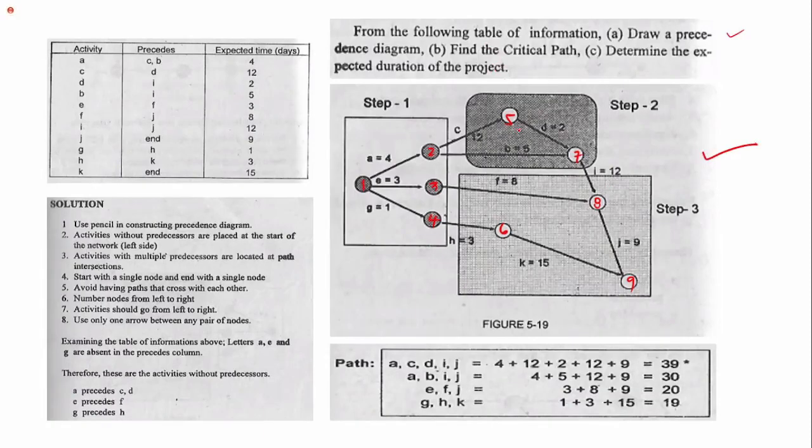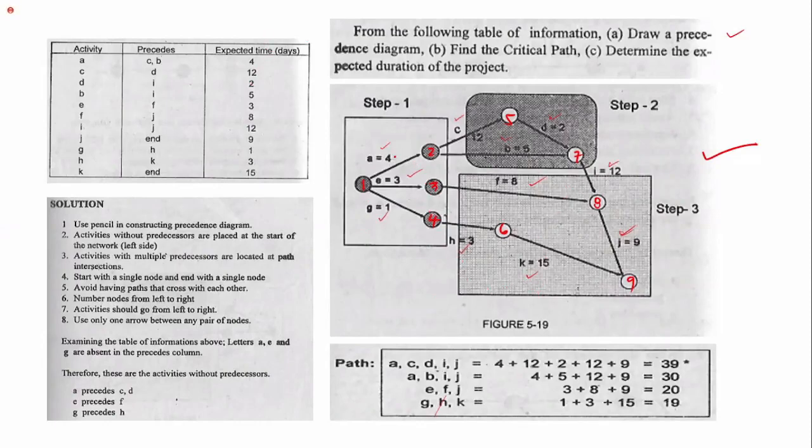So to find the critical path, we list down the paths. We have ACDIJ, this path. The next, ABIJ. Next path, EFJ, so this one, E, F and J. Then the last path, GHK, this one. Then we use the expected time in days.